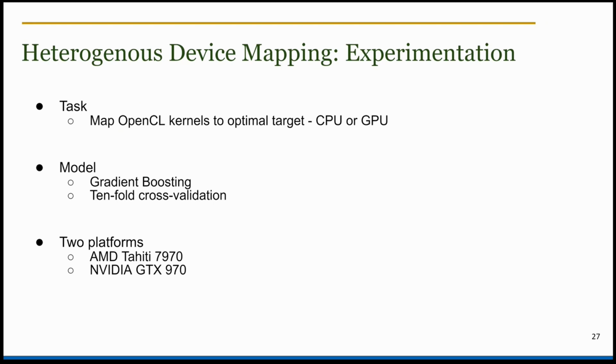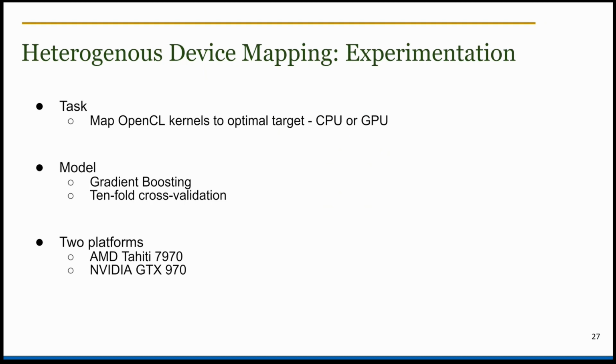Right. So this is based on a famous classical paper by Grewe and others, which was published in CGO in early 2013 or 2014. We use the same data set just to demonstrate the usability of our learned representation.